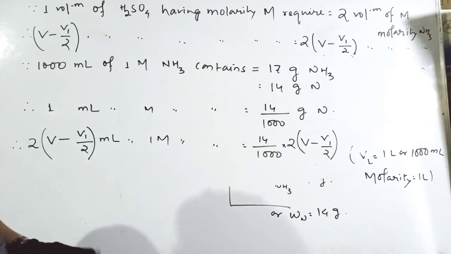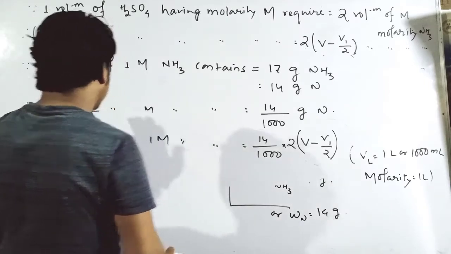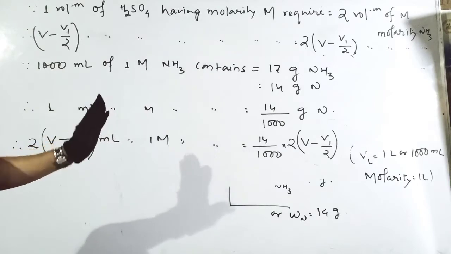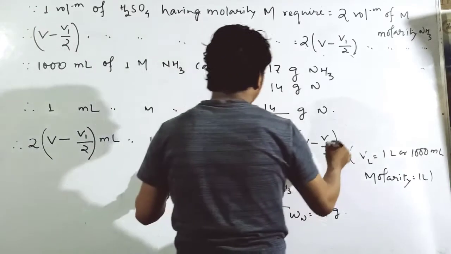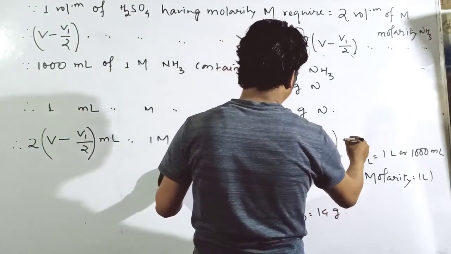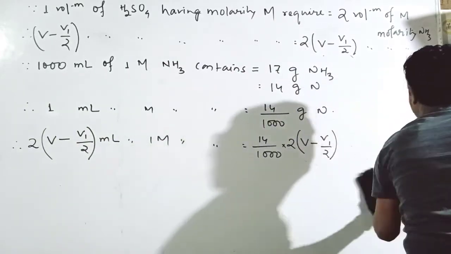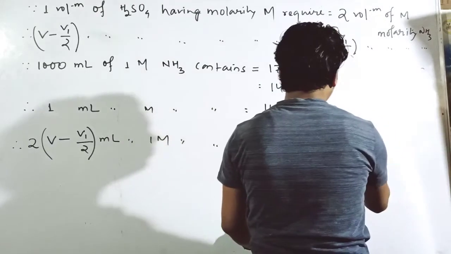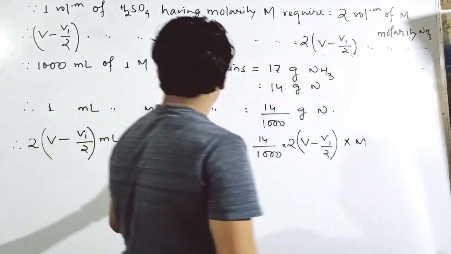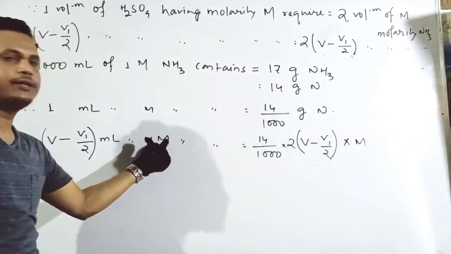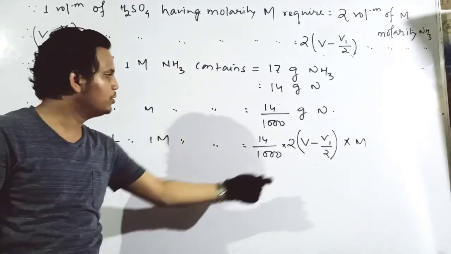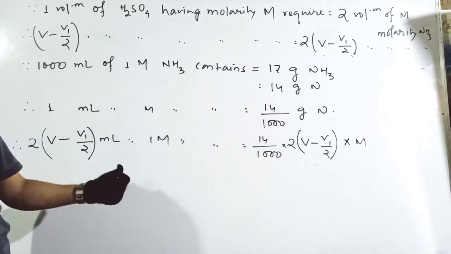For M molarity ammonia, we multiply by M. Whatever the value of molarity, that will be multiplied. Suppose molarity is 0.5, so we will multiply 0.5 and so on.